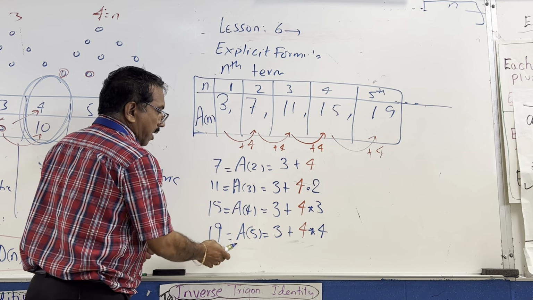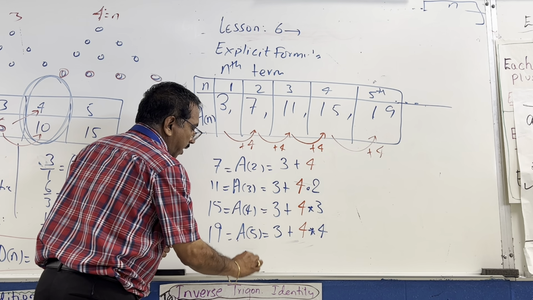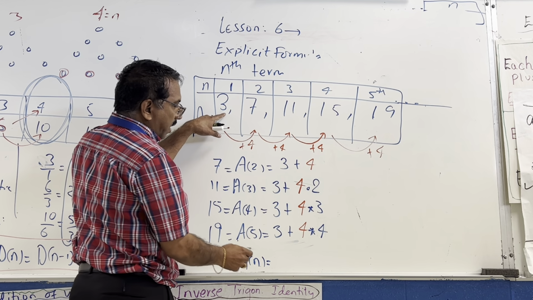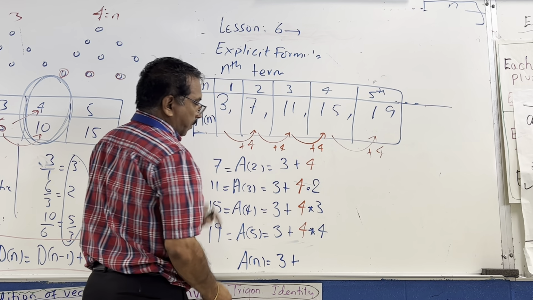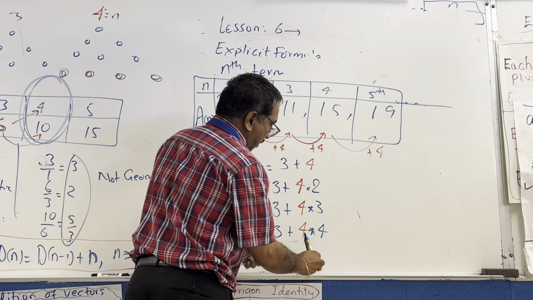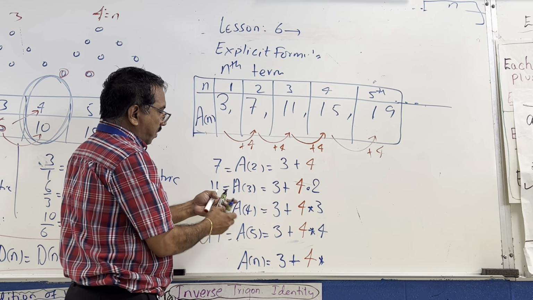And likewise, we can create a nice formula and say, what about the number at any position? It is always the starting one, which is 3, plus 4 times something.